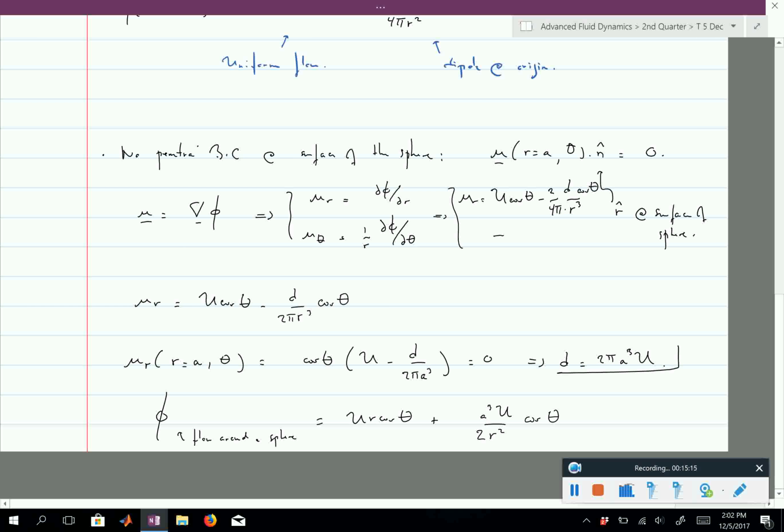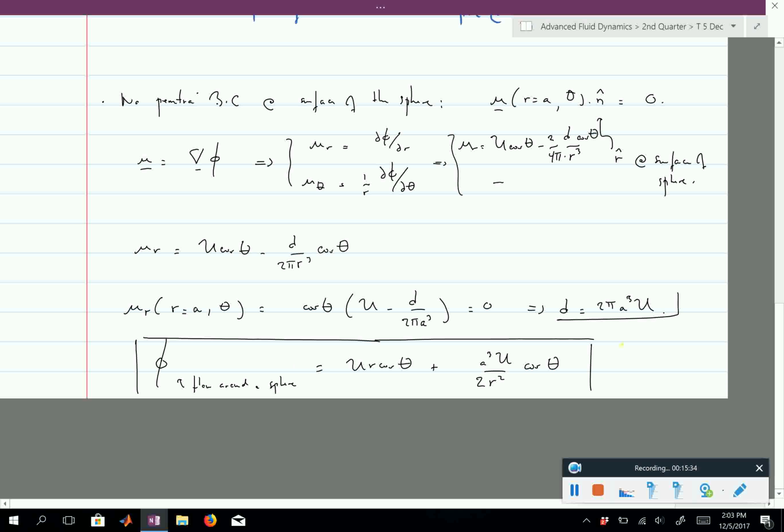And the dimensions are correct. I have u and I have the dimensions of velocity times dimensions of length, so everything is looking good. This is the potential associated with the flow around the cylinder, around the sphere, sorry.